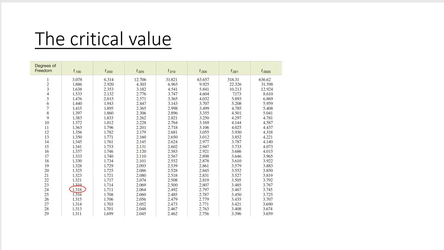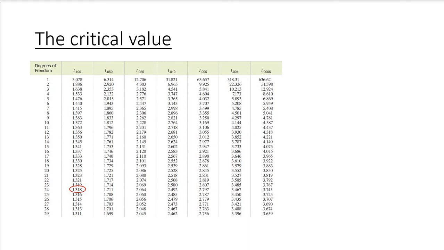So the critical value will be the same, although now we are interested only in the left-hand side of the distribution. That's why what we are performing is called a left-tailed test. You go for it when you need to check whether the mean is smaller than a certain value, contrary to the right-tailed test, which is performed when you want to check whether the mean is bigger than a certain value.